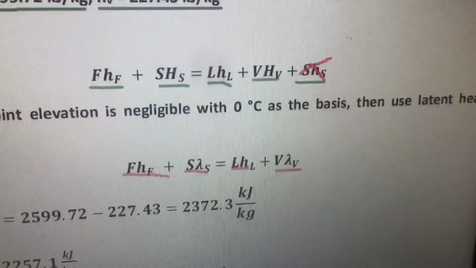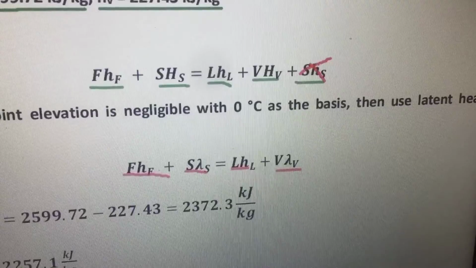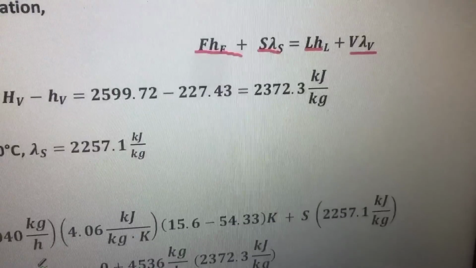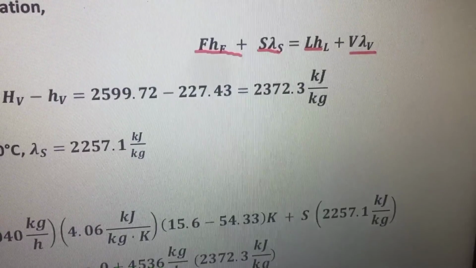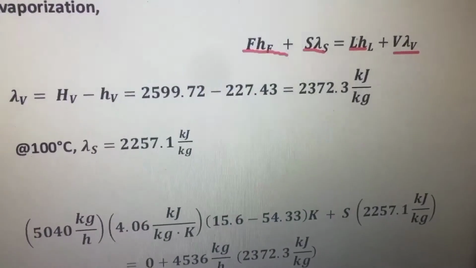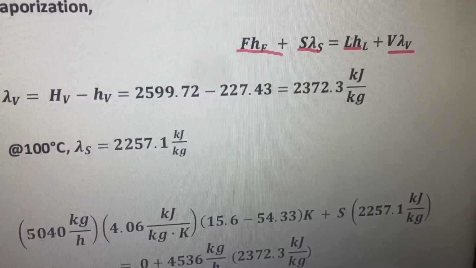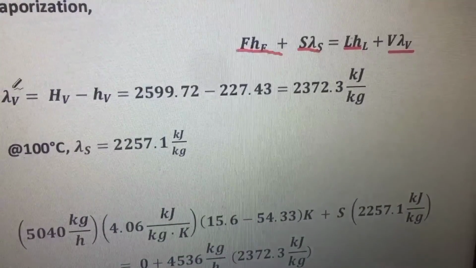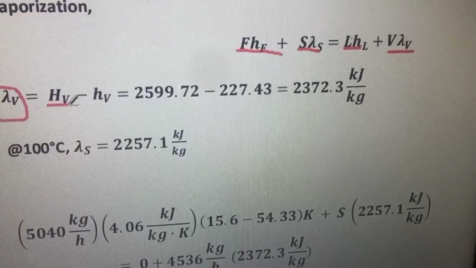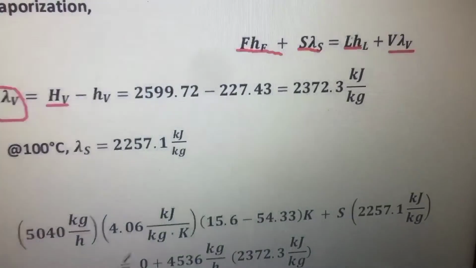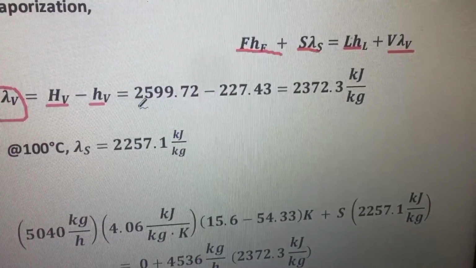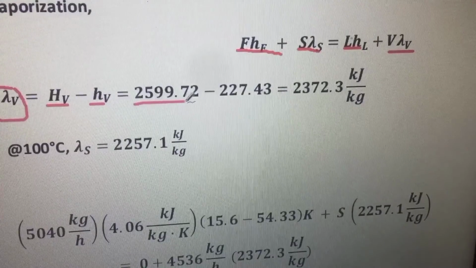We're going to find the latent heat of the vapor: HV, or enthalpy of the vapor, subtracted by small h, which is 227.43 kilojoules per kilogram.